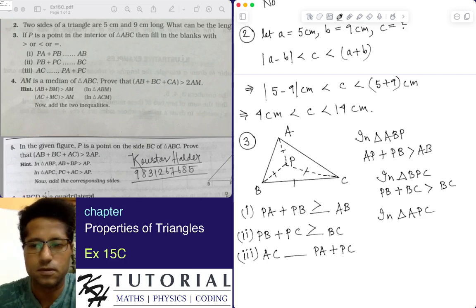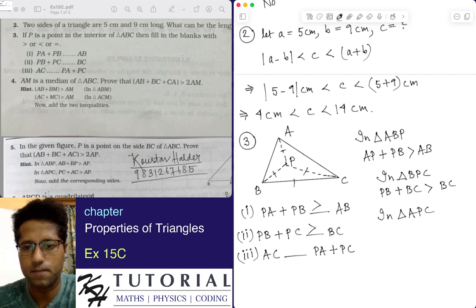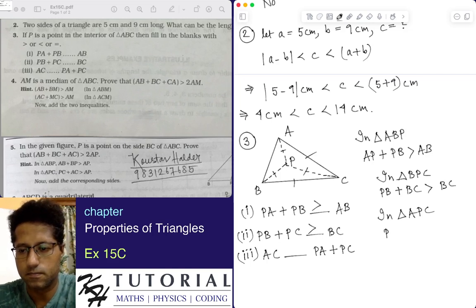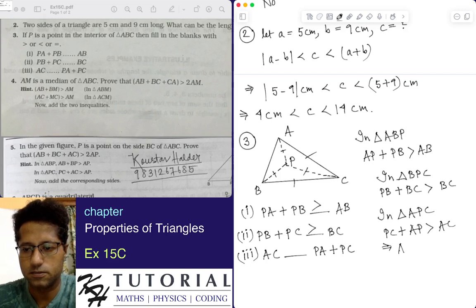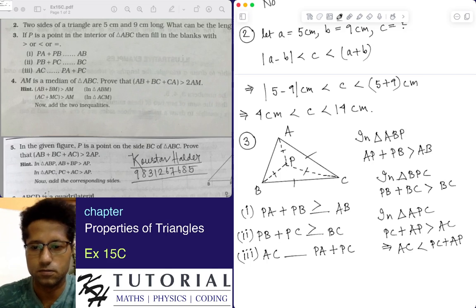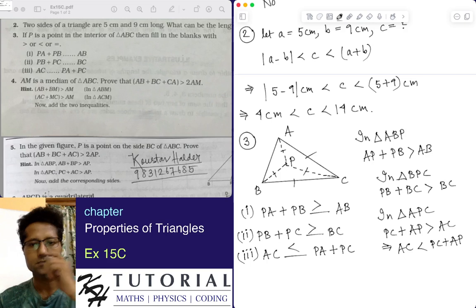In triangle APC, we must have PC plus AP greater than AC. This implies that AC should be less than PC plus AP. AP or PA is the same thing. So the third one will be less than. Okay.